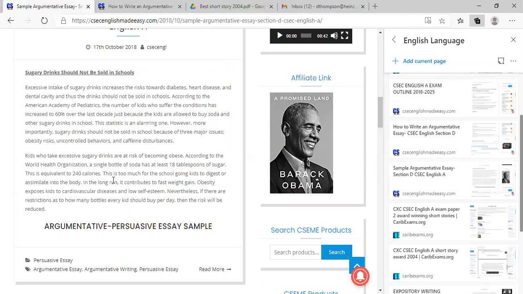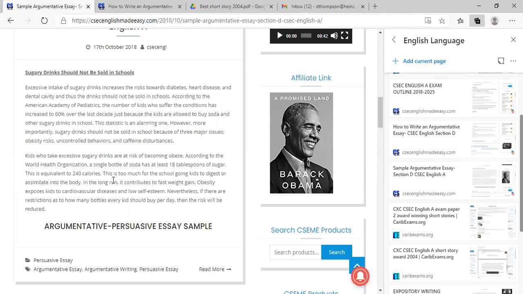Okay, so it says kids who take excessive sugary drinks are at risk of becoming obese. According to the World Health Organization, a single bottle of soda has at least 18 tablespoons of sugar. This is equivalent to 240 calories. This is too much for school-going kids to digest or assimilate into the body.